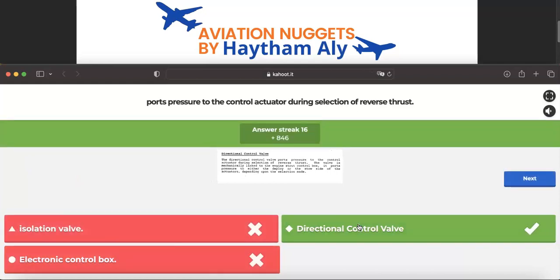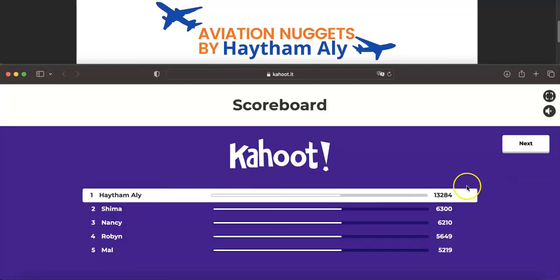The directional control valve always has the function to allow the hydraulic to go to the stow side of the actuator or the deploy side of the actuator. Okay, everybody, let's proceed to the next question.